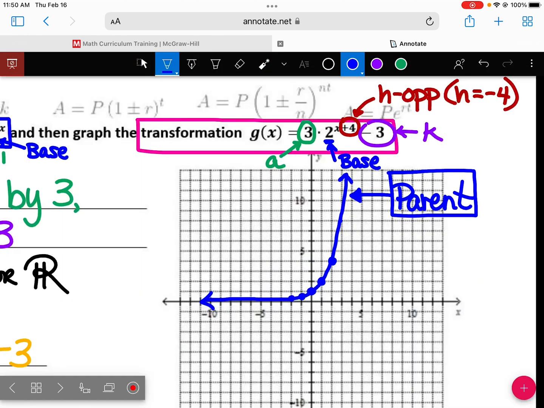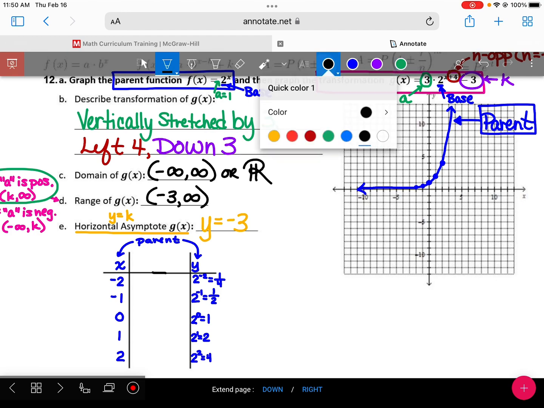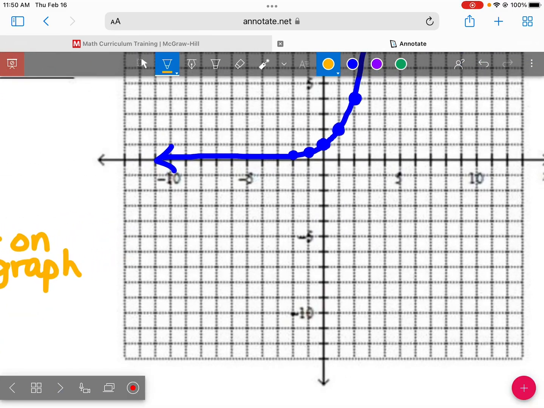Then to do my transformed function, before I even graph this transformed function at all, I'm going to put this on my graph. Y equals negative 3. So I go to negative 3 on the y-axis, and I do a horizontal, a back and forth line.